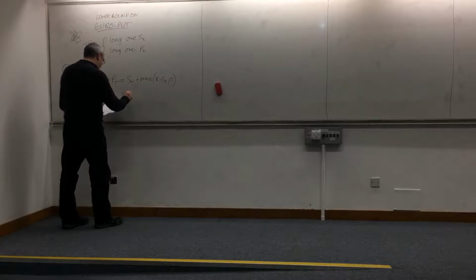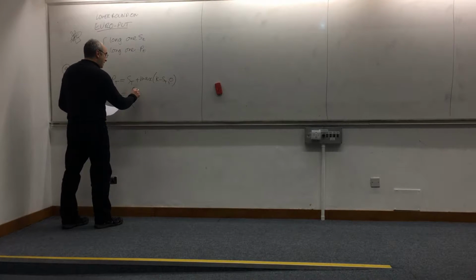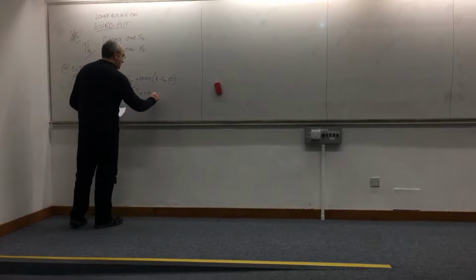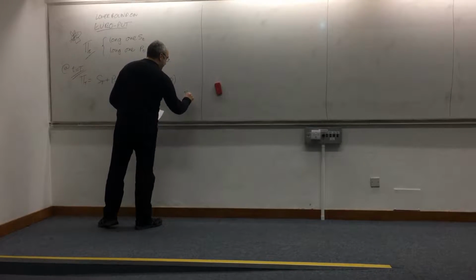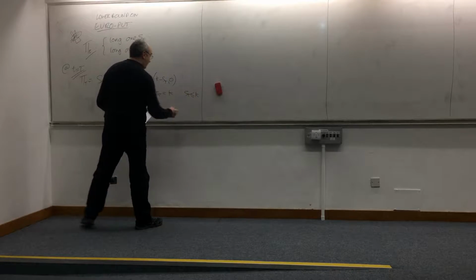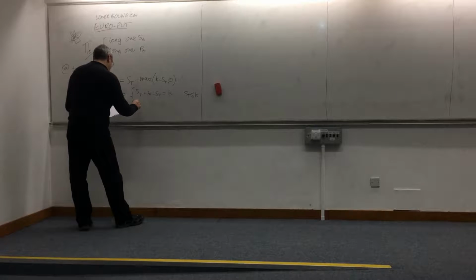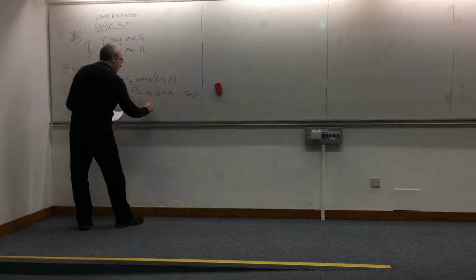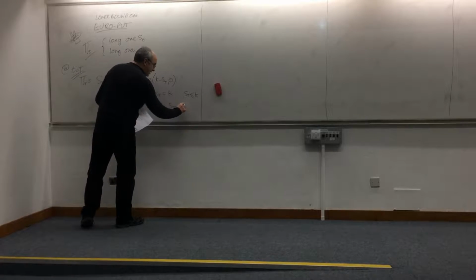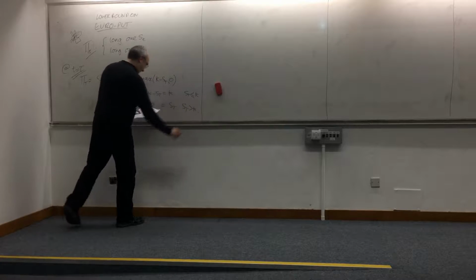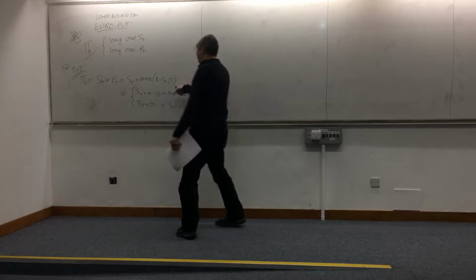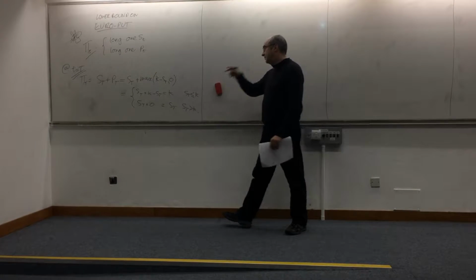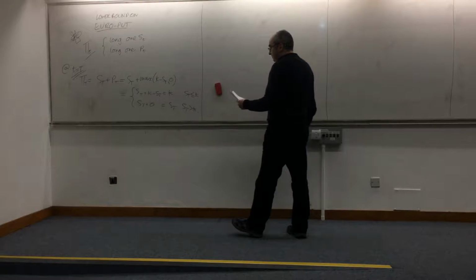So that is equal to either S_T plus K minus S_T, which is just K, if S_T is less than or equal to K, or S_T plus 0, which is just S_T, if S_T is greater than K. Okay? So depending on which part of the option you've got, that's what the answer is.